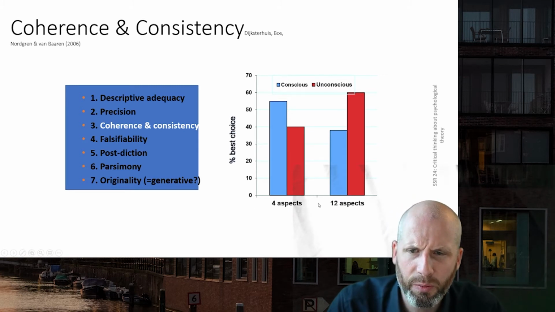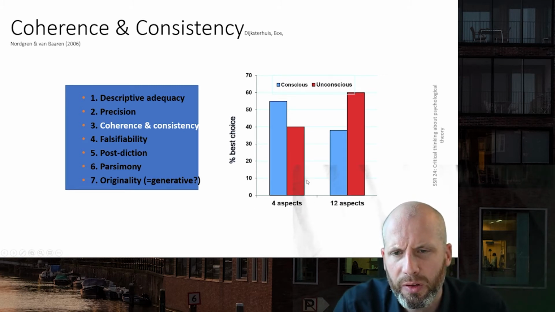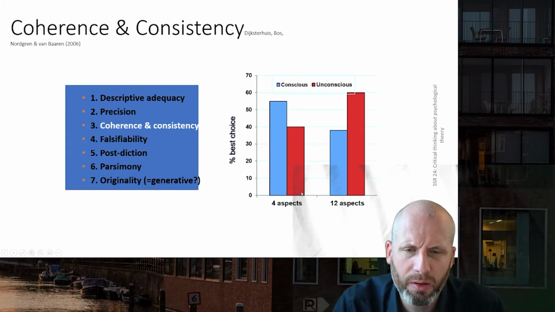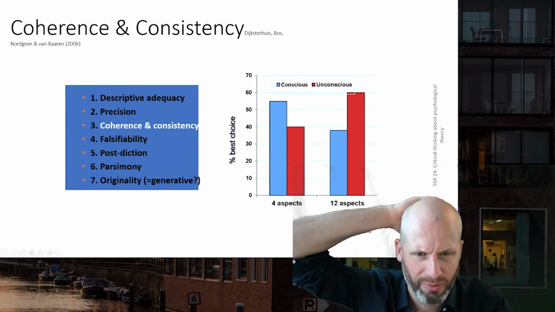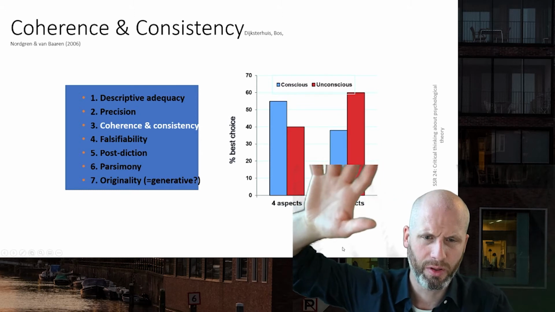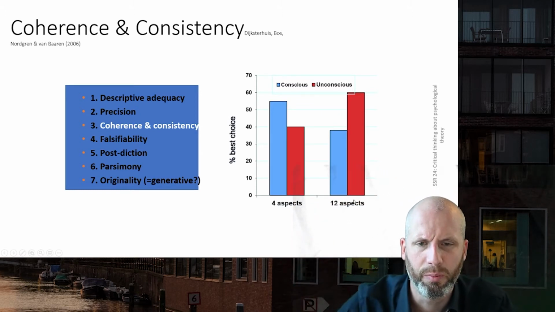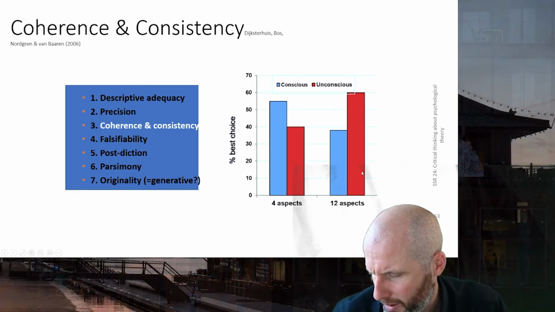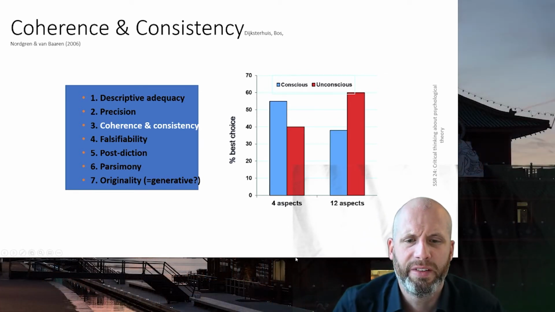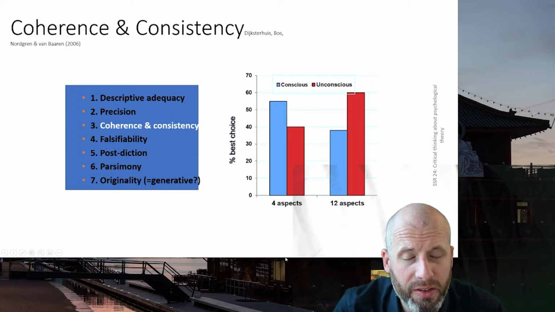Okay, so we looked at descriptive adequacy and we've looked at precision. I would argue that both theories we talked about so far, right? So conscious thought leads to deterioration of choice quality, and unconscious thought leads to the improvement of choice quality, are not very precise in their predictions, actually.